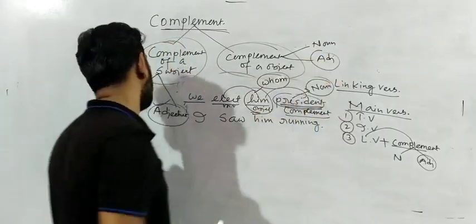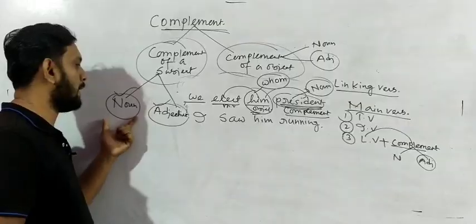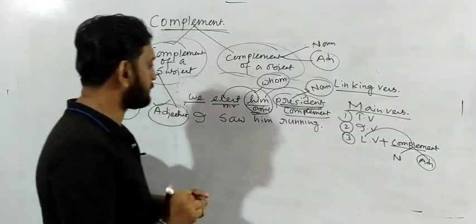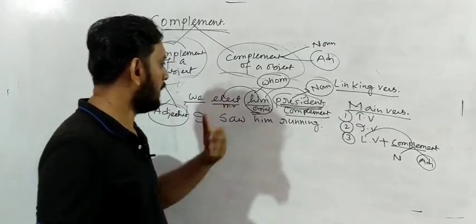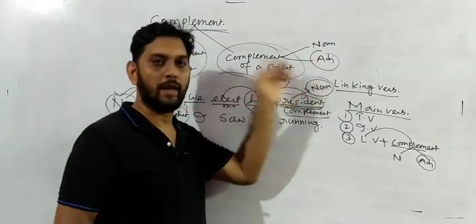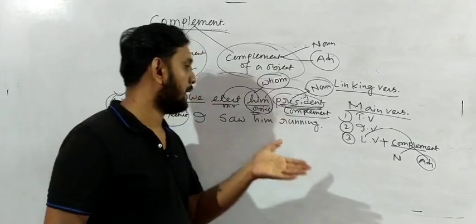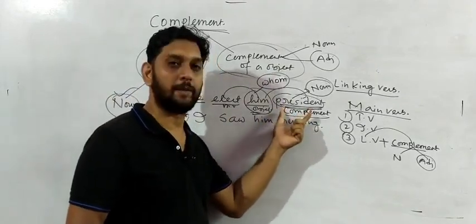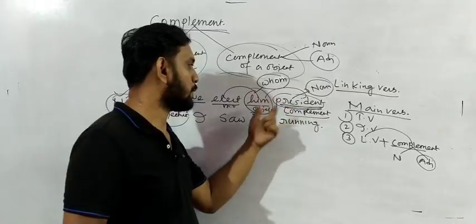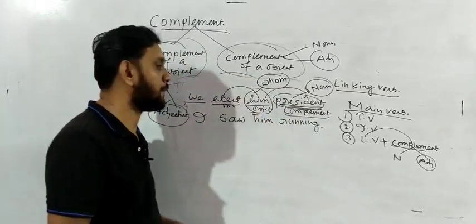Already I made you understand the subject complement might be either noun or adjective. Similarly, object complement is also either noun or adjective. Now how can you define whether president, which is written over there, is playing the role of a complement or not? How can you define it? That would be my question to all of you.